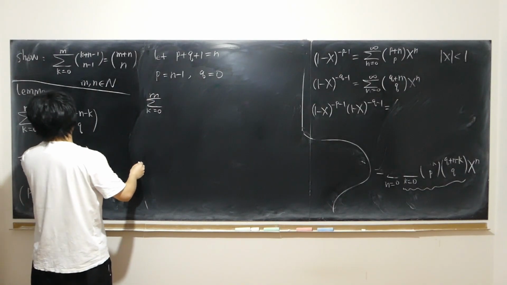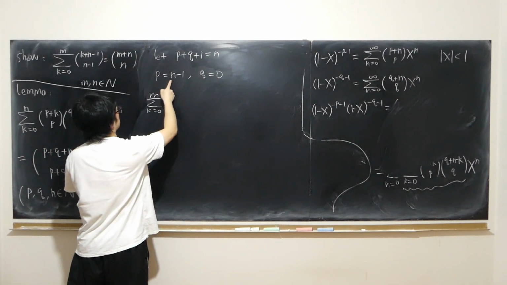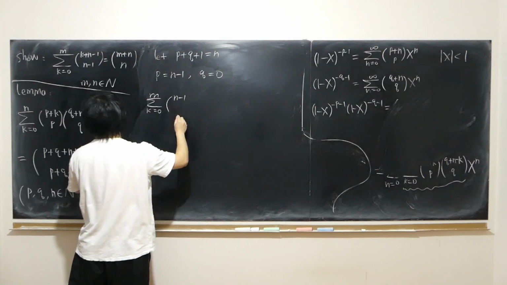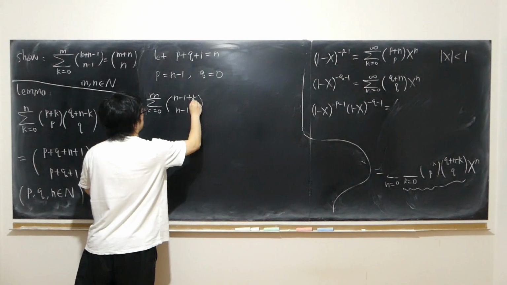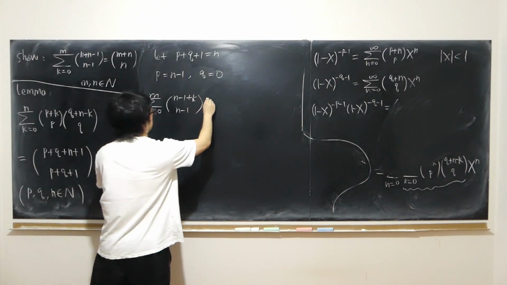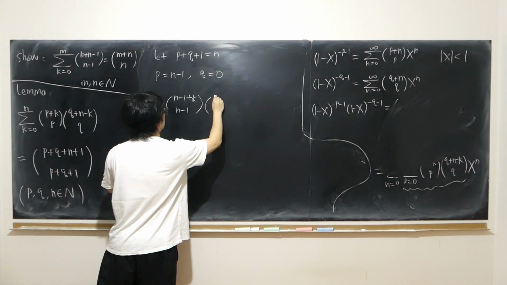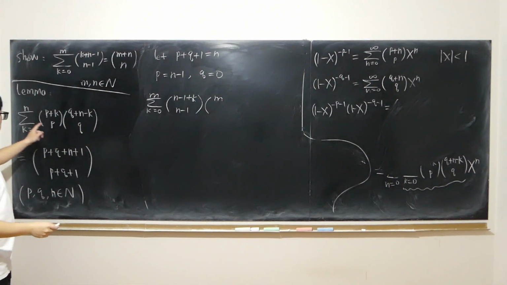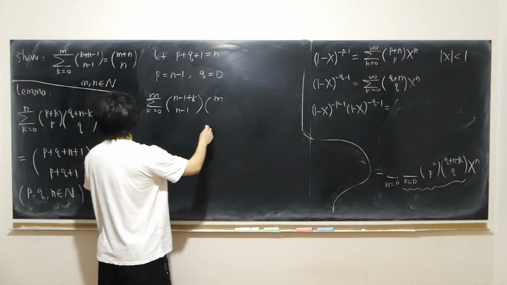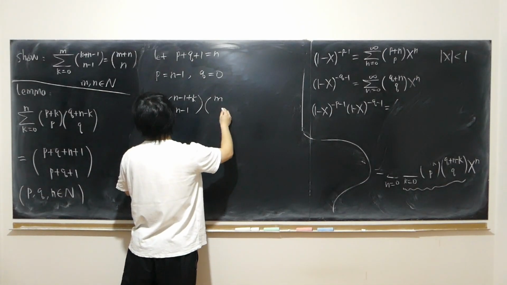So p becomes n minus 1 plus k choose k, times 0 plus this time, like I said, every n becomes m minus k.